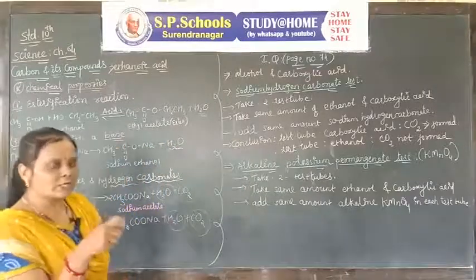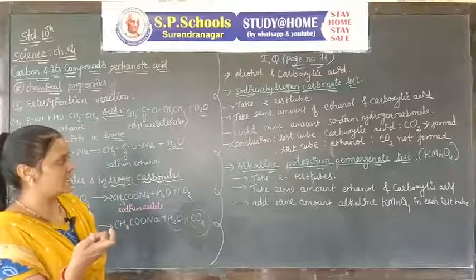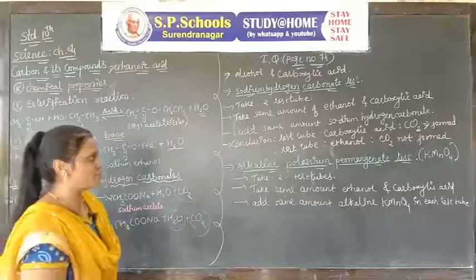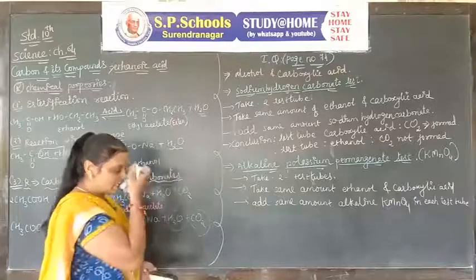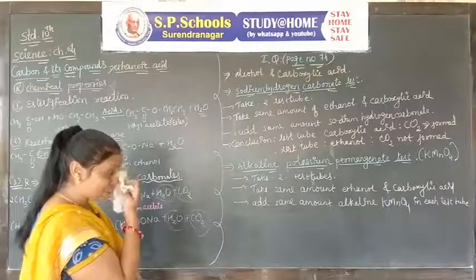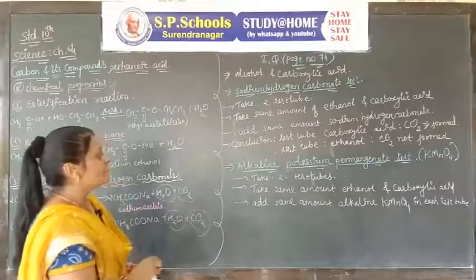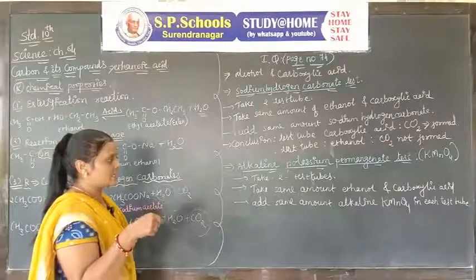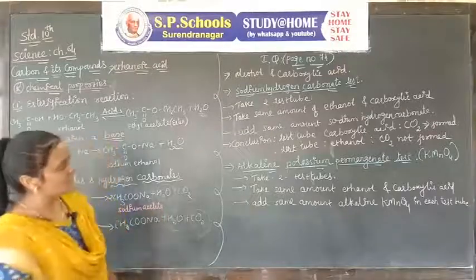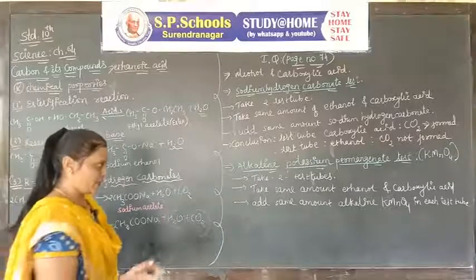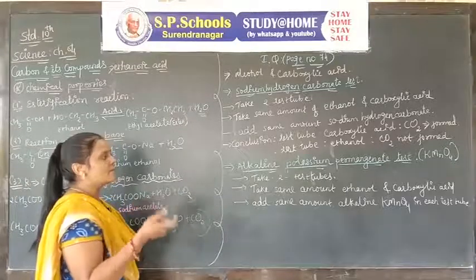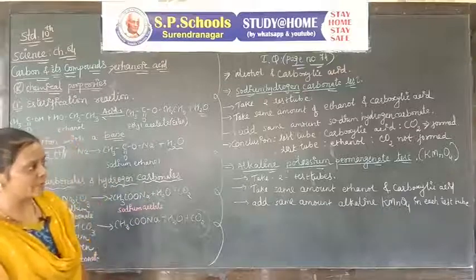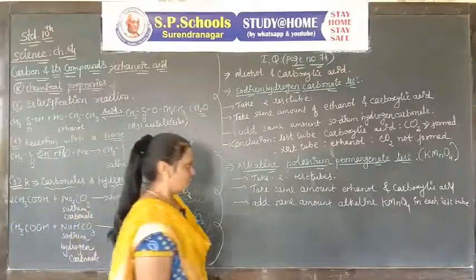In both test tubes we take the same amount of ethanol and carboxylic acid. In one test tube we take ethanol and in another test tube we take carboxylic acid. In both test tubes we add the same amount of alkaline potassium permanganate and warm it.